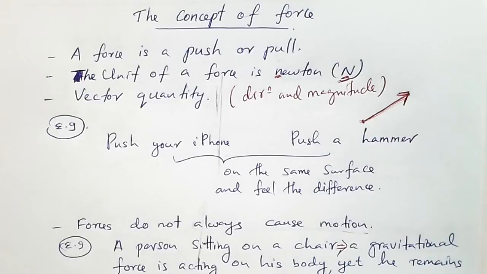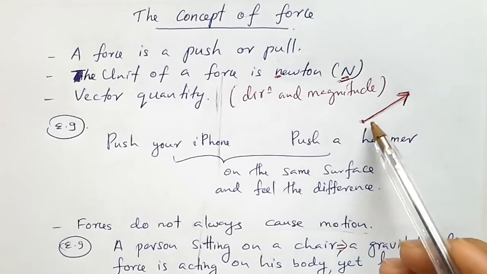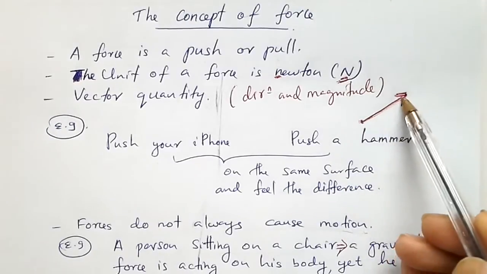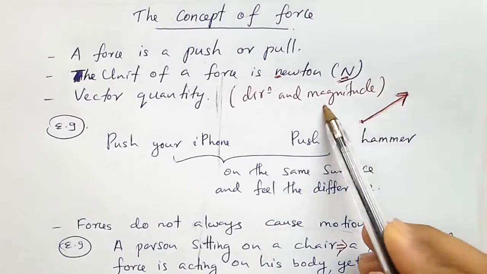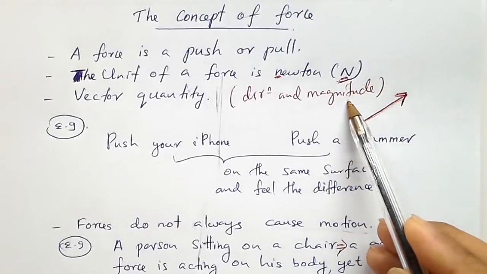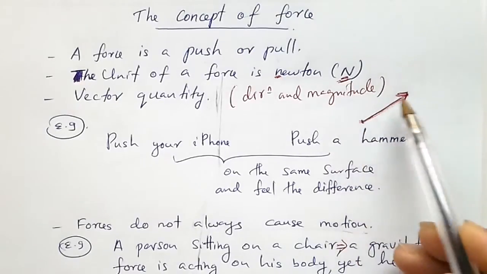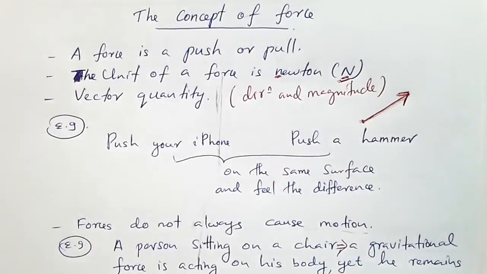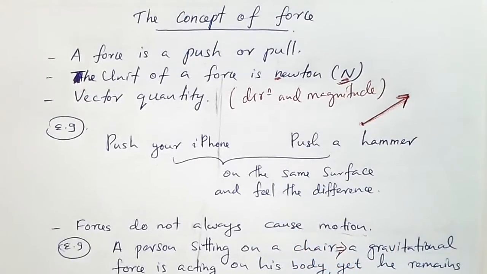You can represent a force using a small arrow. The length of this arrow implies the magnitude of the force, and this arrowhead indicates its direction. Mathematically speaking, you can represent a force using a simple arrow.